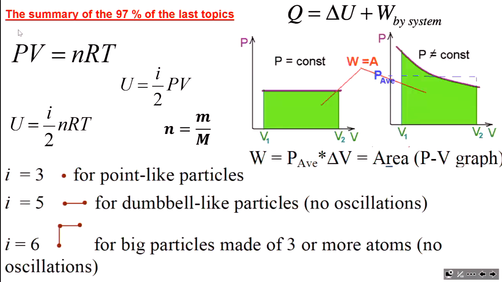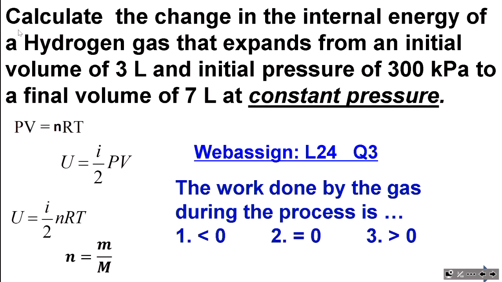So this is the summary of almost everything we've learned about ideal gas. And, well, this is an actual question about a specific gas which is expanding from a given volume to a new volume at a constant pressure. And the process like that has a name, isochoric process.